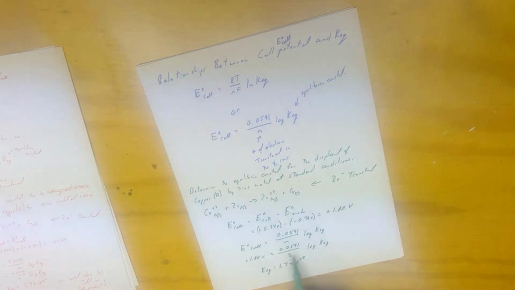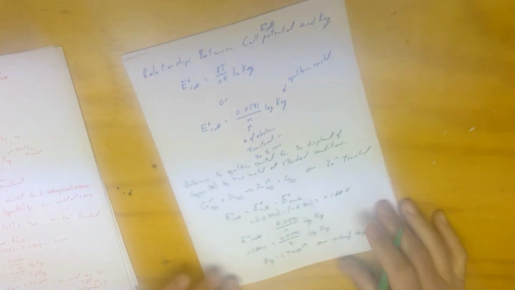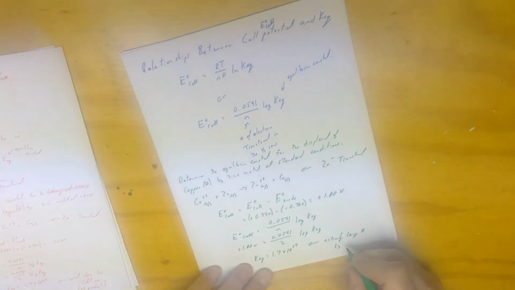which, okay, so what is this telling me? This is a huge K, all right? Extremely large K, which tells us it wants to go to basically completion. It wants all products.